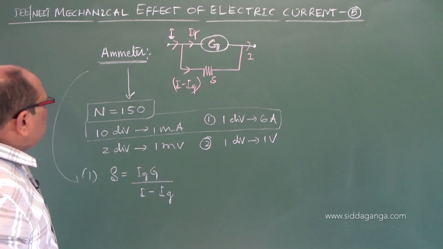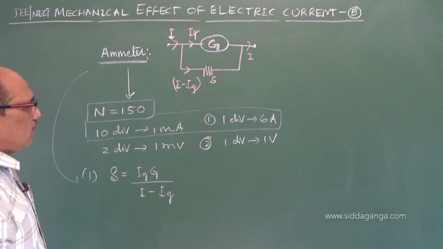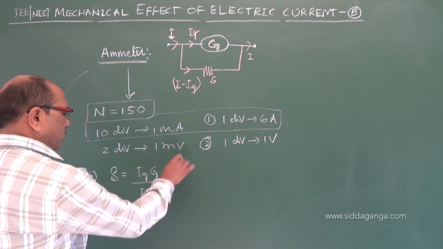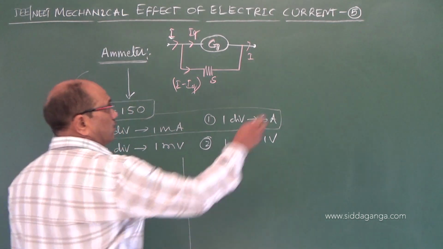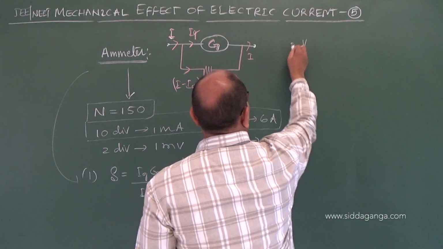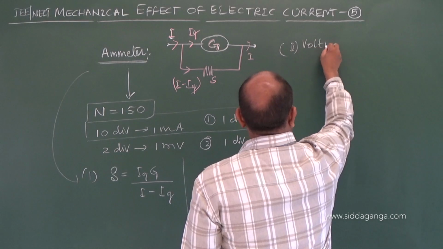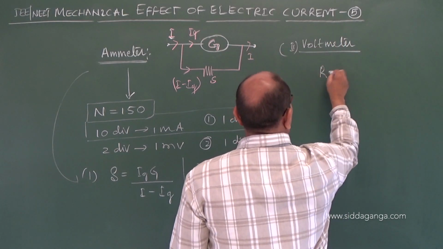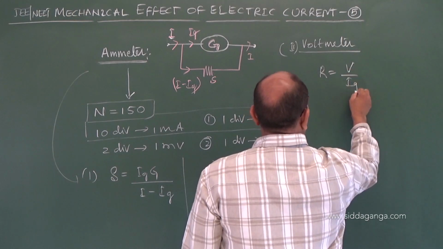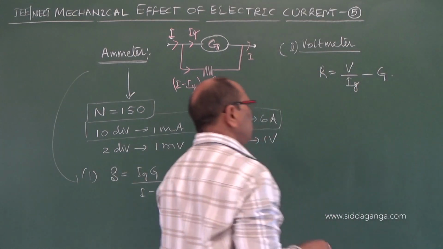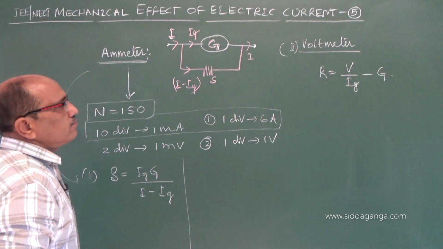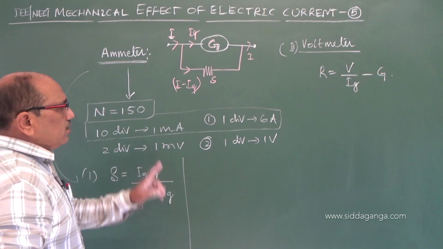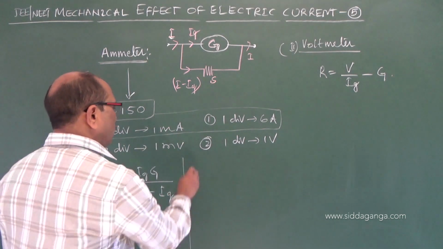We have to estimate it because they did not give the G value. Even in voltmeter, the second part, we have to convert into voltmeter. Resistance is V over Ig minus G. We want Ig, we want G.